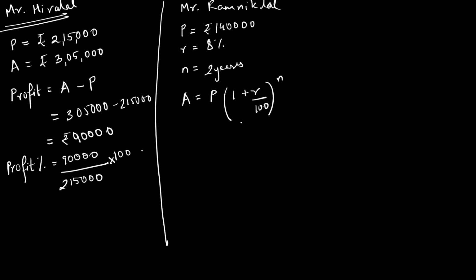And can you substitute the values and calculate this also? Yes, sir. Will the profit come for this also? Yes, it will come. Then will you be able to calculate the profit percent? Yes, sir. So then you can compare both and check which is better.